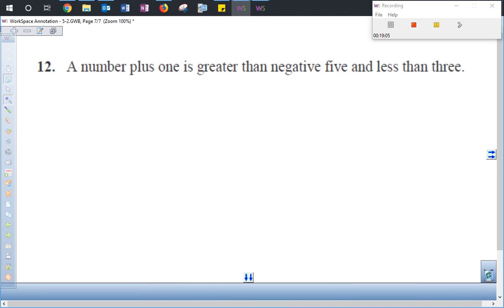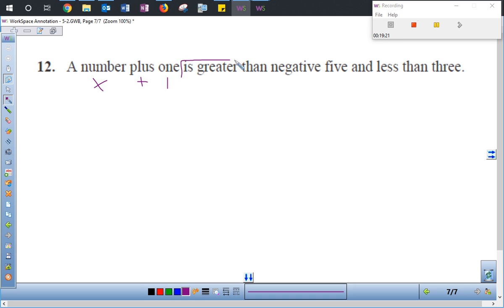Alright, one more time. On number 12, a number plus 1 is greater than -5 and less than 3. So my first guy here says a number, which I don't know what it is, so I'm going to call it x, plus 1, is greater than -5.